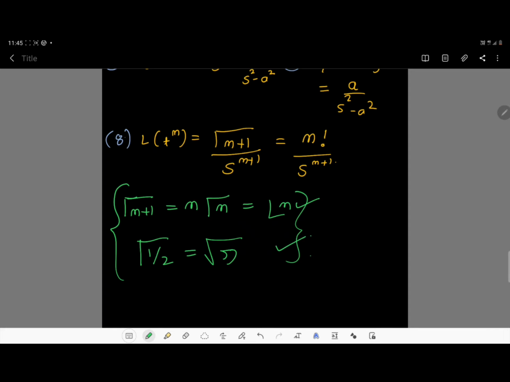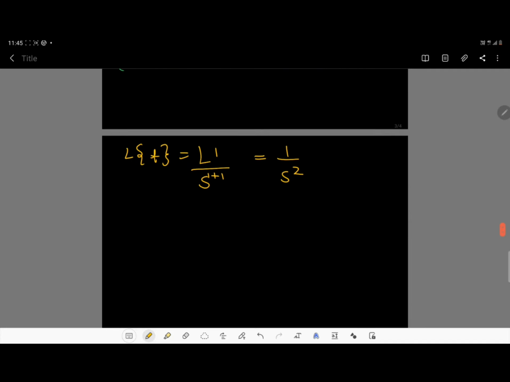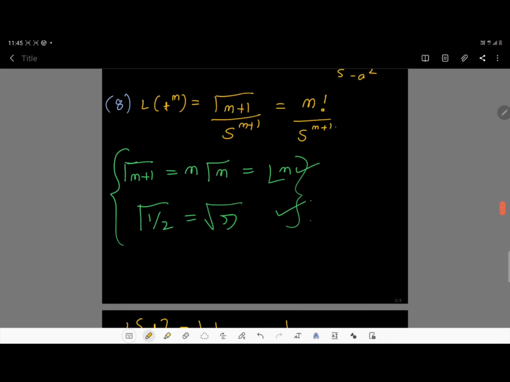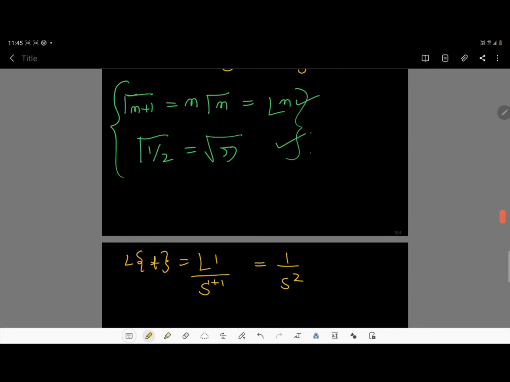So now I will write the simple algebraic functions. The Laplace transform of t is equal to 1 upon s raised to power 1 plus 1, which comes out to be 1 upon s square. From where did it come? I used this eighth formula only, t raised to power n.